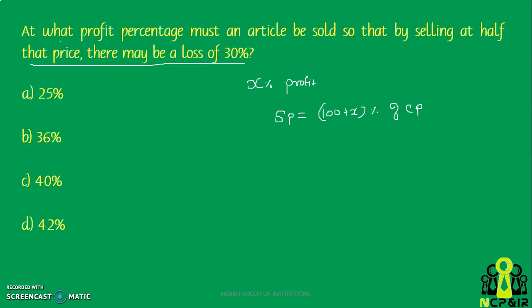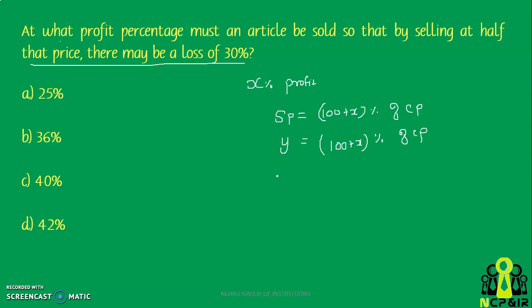Let us assume the selling price is Y, so Y is equal to 100 plus X percentage of cost price.